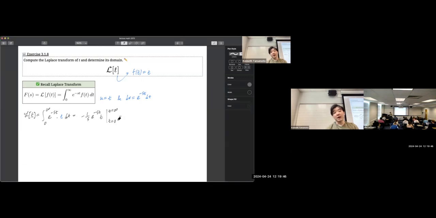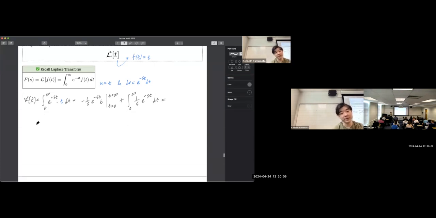Minus, well, it's going to be a plus because this one has a minus already, 0 to infinity of 1 over s e to the negative st, and then take the derivative of t, which is just 1, so I don't have to write that. That's just the integration by parts on this improper integral.